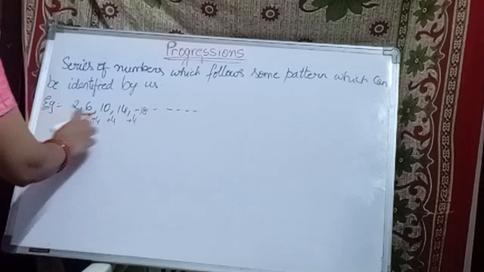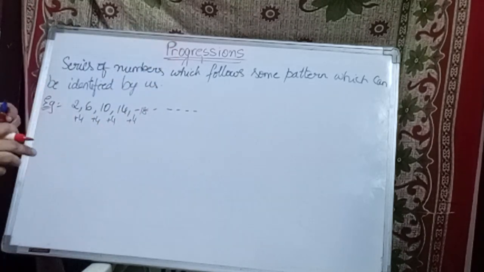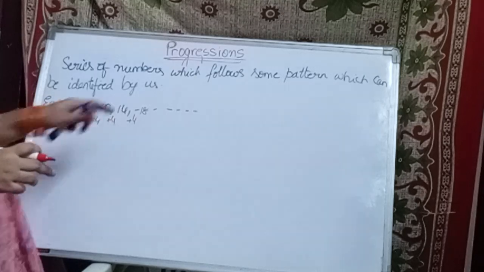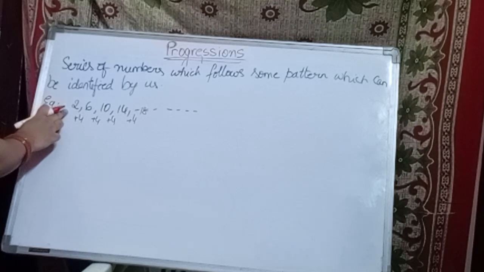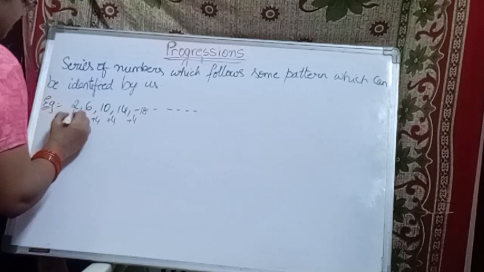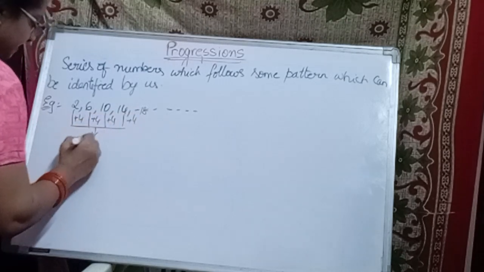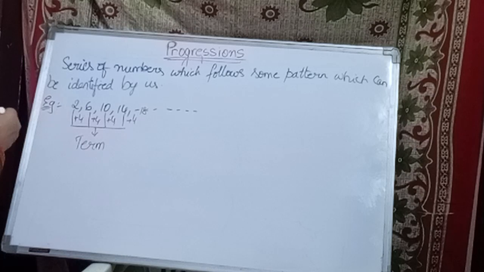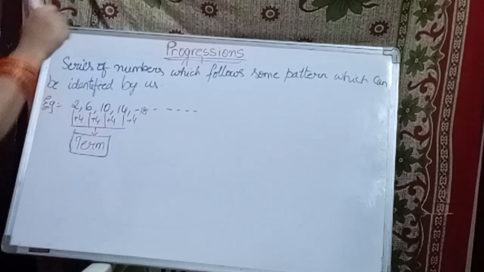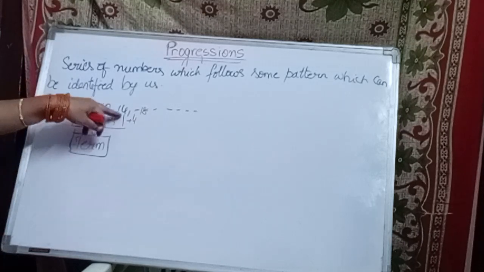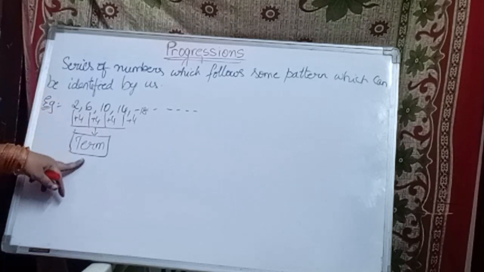Okay. So here we are able to identify the particular pattern, and here we are seeing some particular series of numbers. So, we call this a progression. And each one in this series of numbers, each number, is called a term.